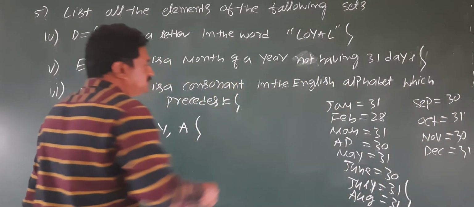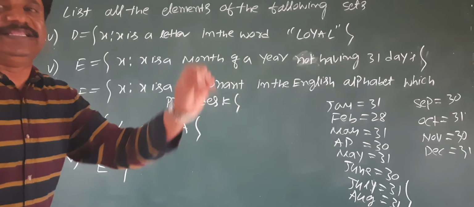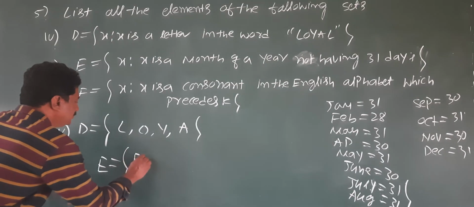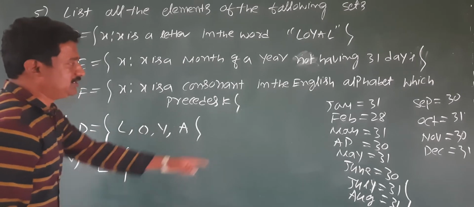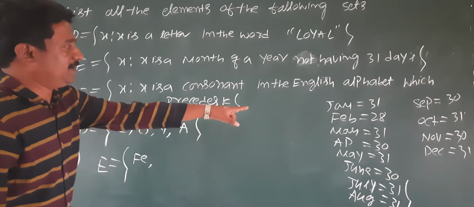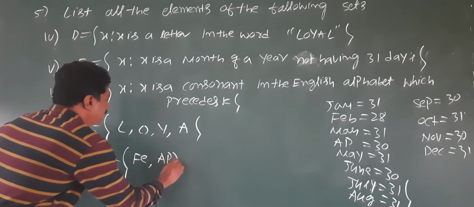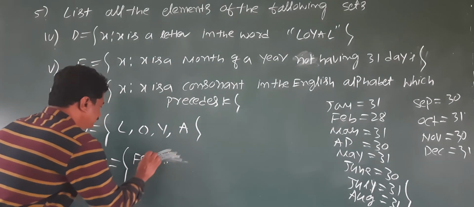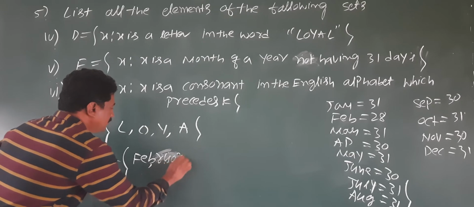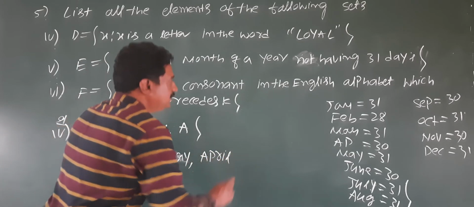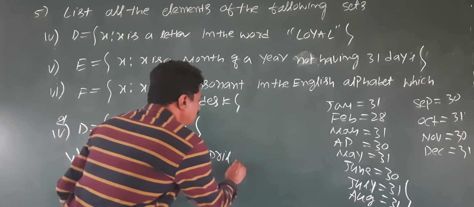So tell me the months which do not have 31 days. February. Next April. Next June.